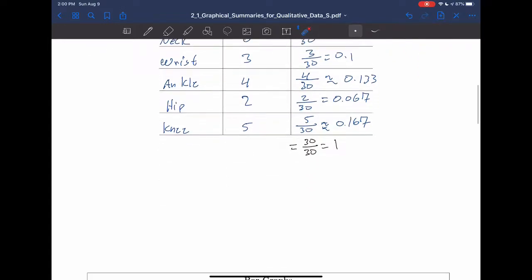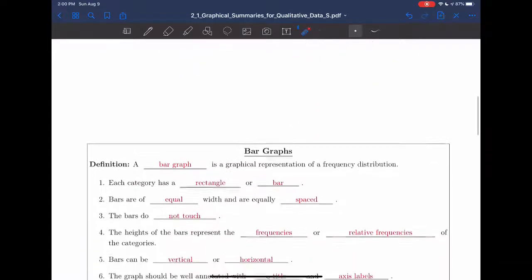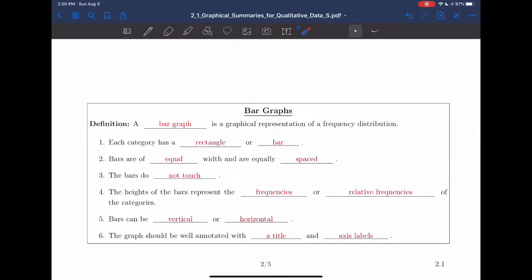All right, so let's look at a bar graph. What is a bar graph? It's a graphical representation of a frequency distribution or relative frequency distribution, depending on what you're working on. Something you should note about a bar graph is that each category has its own rectangle or bar. The bars are of equal width and equal space.